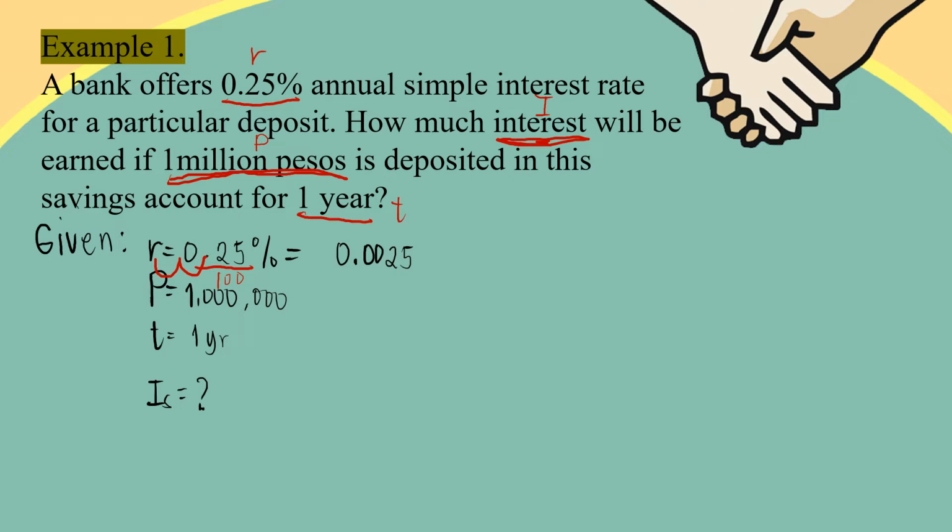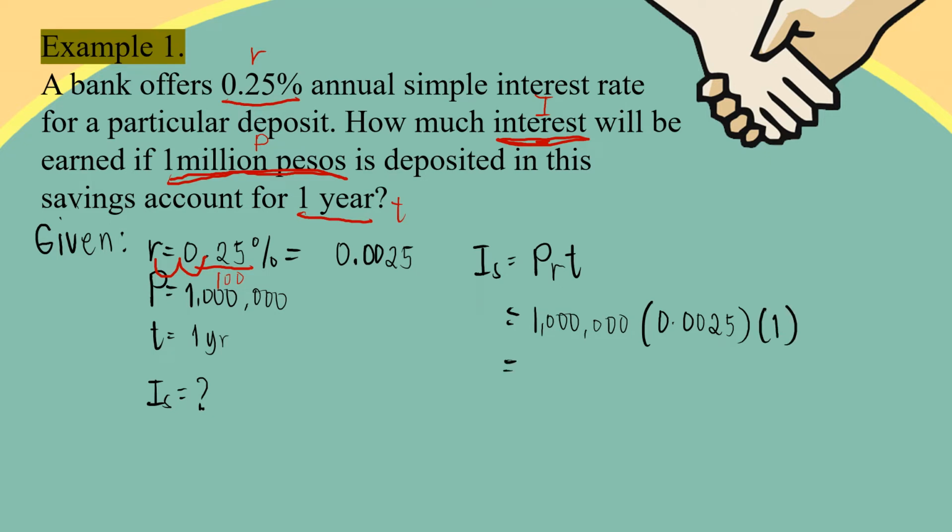Then, formula for the interest. So, ang hinahanap ay interest. So, P times rate times time. Okay, so ilagay lang natin lahat ng given doon sa formula. Ang principal ay 1 million. 1 million times rate. Ang rate natin ay 0.0025 times time. So, ang time natin is 1 year. So, 1 lang yan.